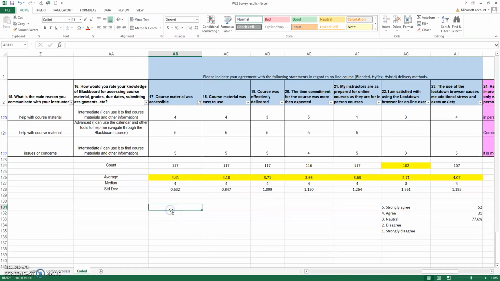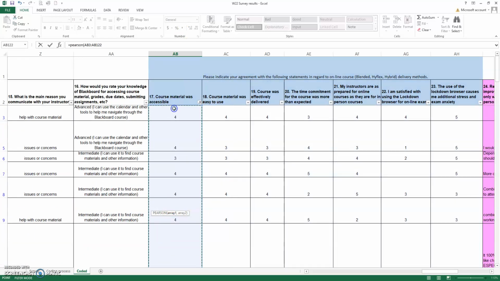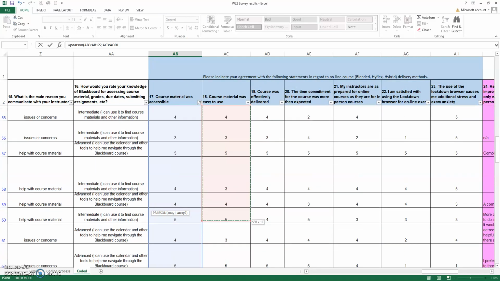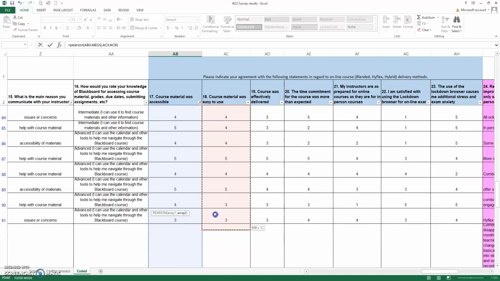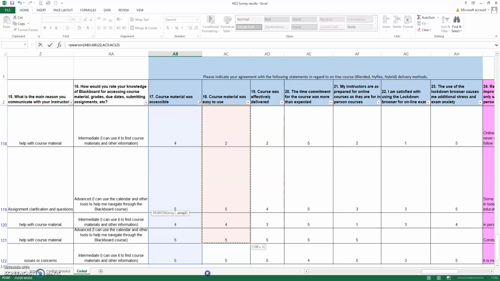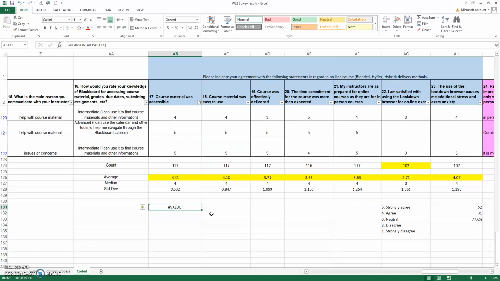We're going to run a correlation test. We're going to calculate the Pearson correlation coefficient, which in Excel is equals PEARSON, open bracket, highlight one of your columns, comma, highlight the other column, and we get... oh, what happened there?